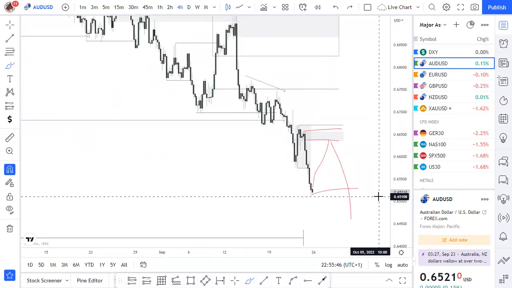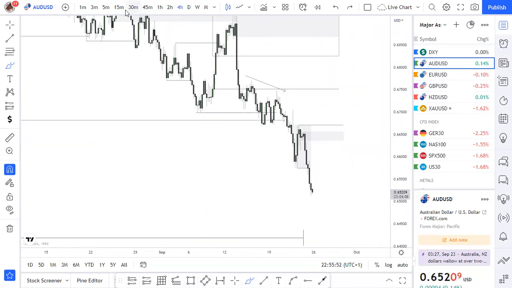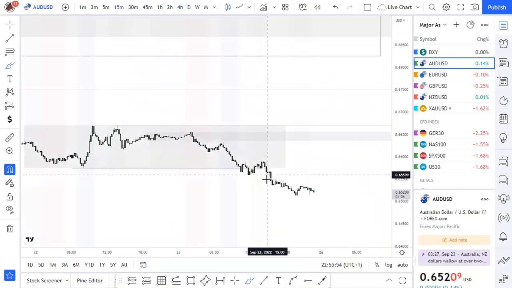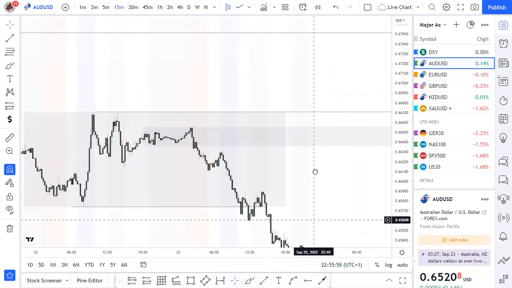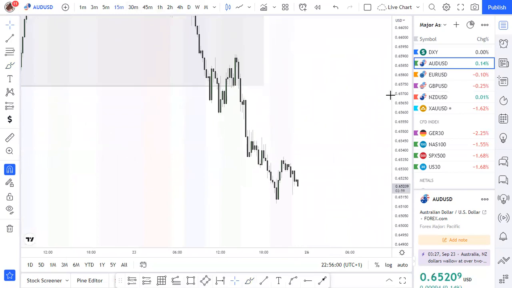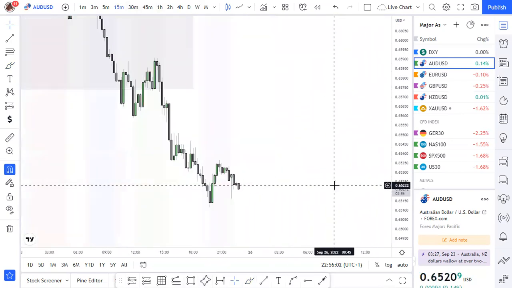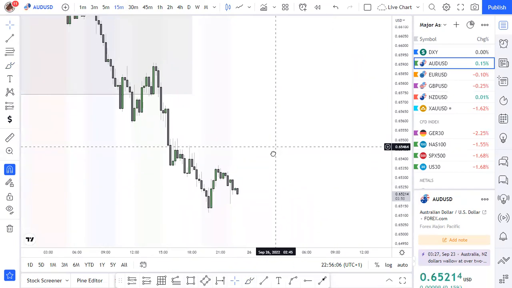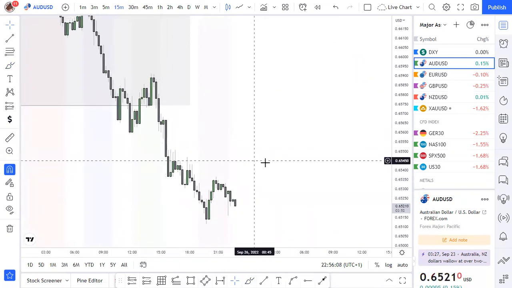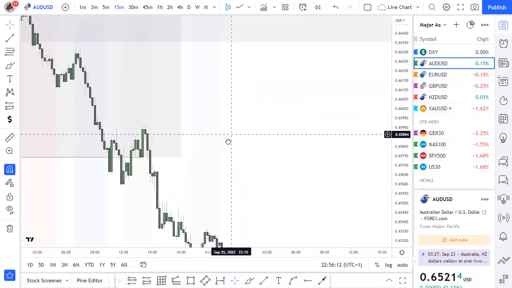So that will be it for AUD USD. Let's see if there's any 15-minute time frame. Don't really want to look at anything here on AUD on the 15-minute time frame.